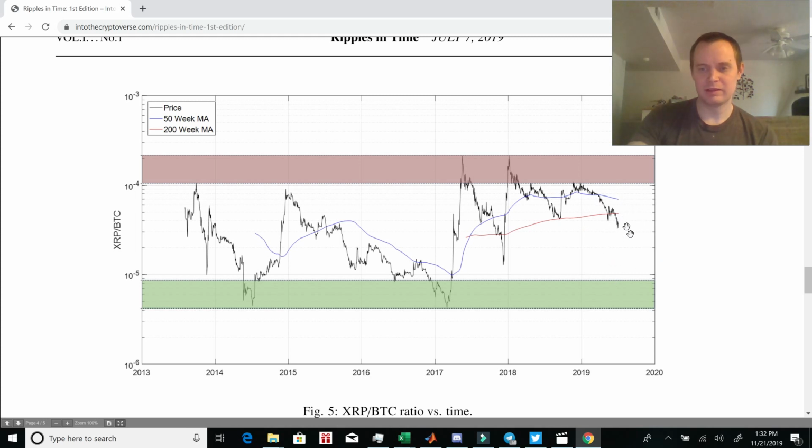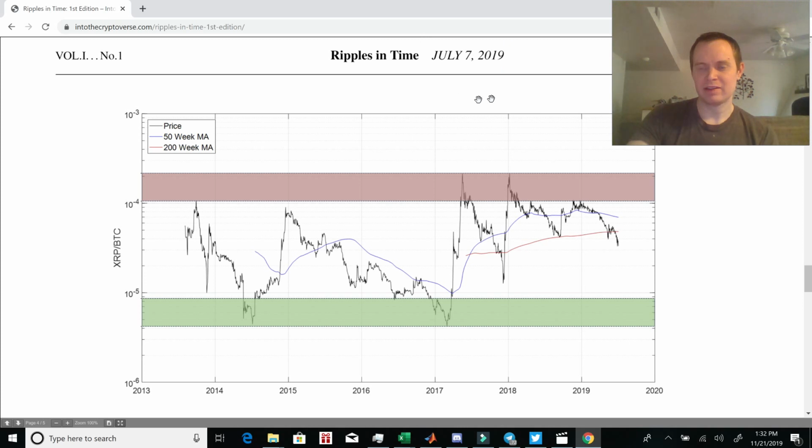So this right here is not up to date. This was made on July 7th, so several months ago at this point. But this is another graph. I would look to see if we're approaching 10 to the minus 5. You can look at this on things like TradingView, or you can just look at the price of XRP. But if we were to reach that point, I think that would be a very strong buy signal if you want to go based off historical patterns.